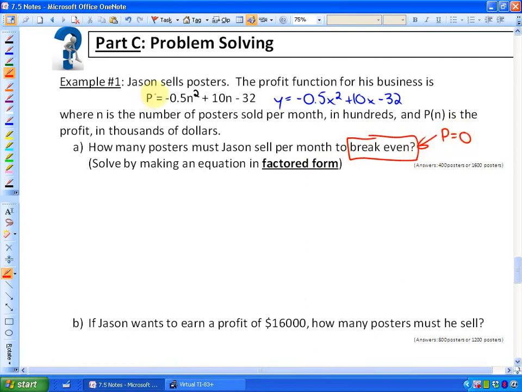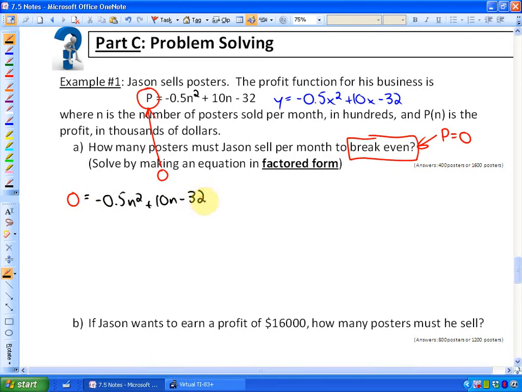So if I substitute that in for profit, so profit's going to be 0, we could then solve using one of the methods that we've looked at. So at this particular point, we have 0, which is the profit, is equal to negative 0.5 n squared plus 10n minus 32.